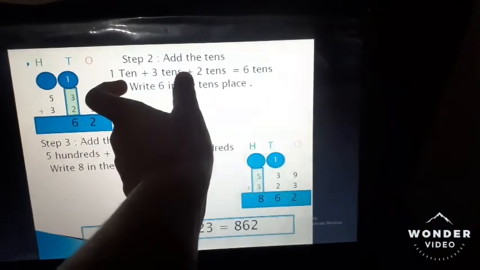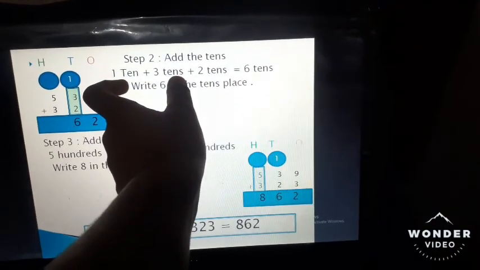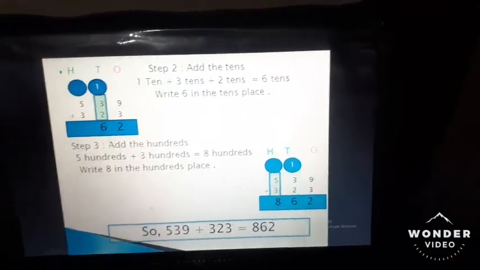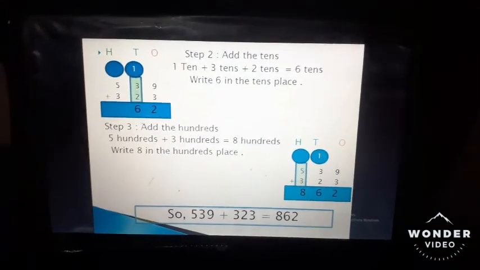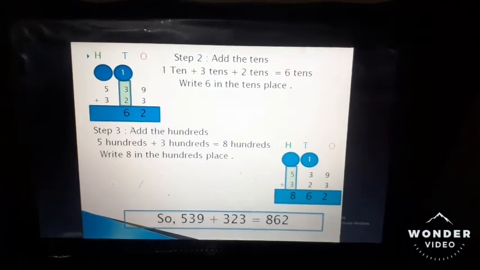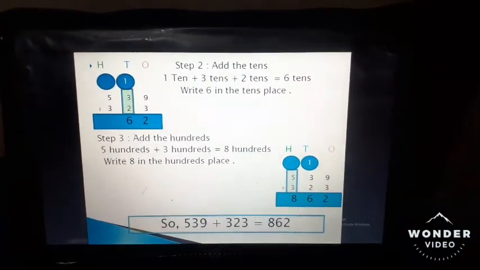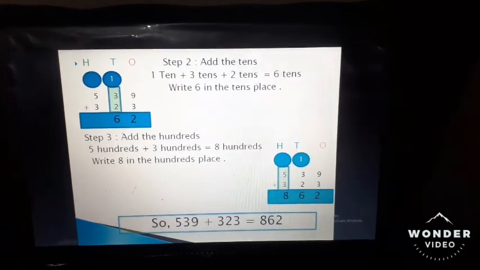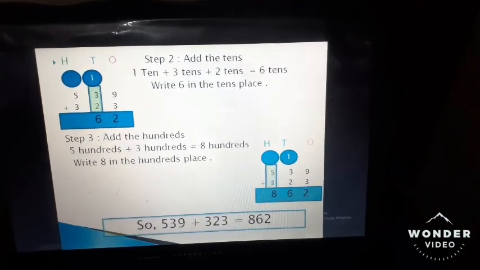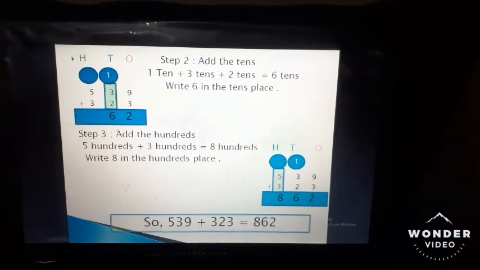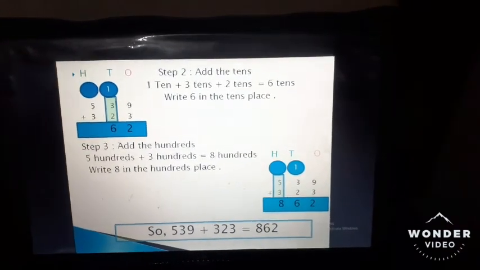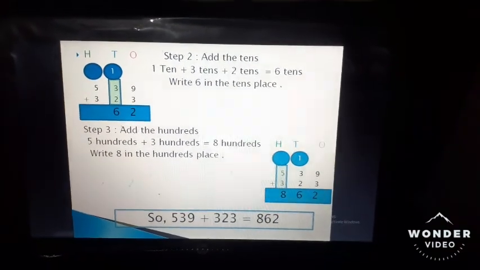Now first I will add 1 and 3, then the answer that comes I will add with 2. So students, here 1 plus 3, 1 will be in my head and for 3 I will open 3 fingers. I will count on these fingers after 1, that is 2, 3, 4. So students, 1 plus 3 is 4.